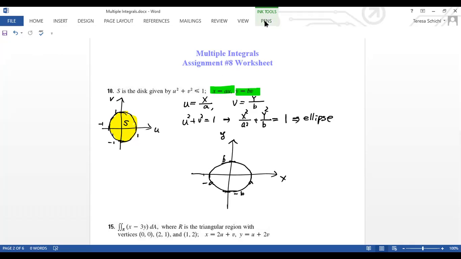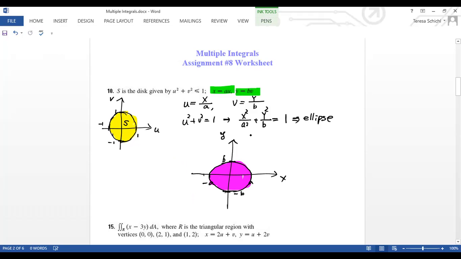So this is my original integration region. If you want to integrate over x and y here, of course it's a lot easier to integrate over the circle, because I can probably use the polar transformation to simplify it.